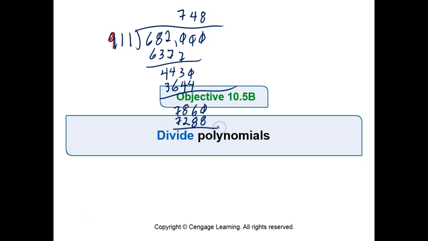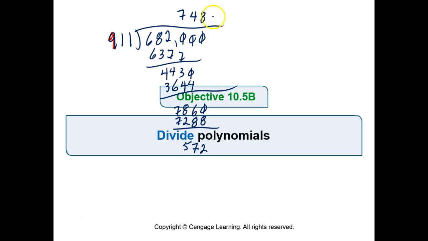It's also an emergency. Then you do what? Subtract, and that gives you a 2. 7. And 5. And what do you do with that? That's your remainder. There's no more zeros to bring down or anything else.